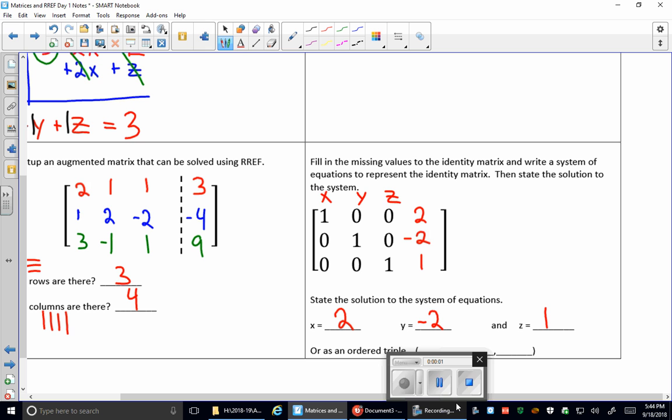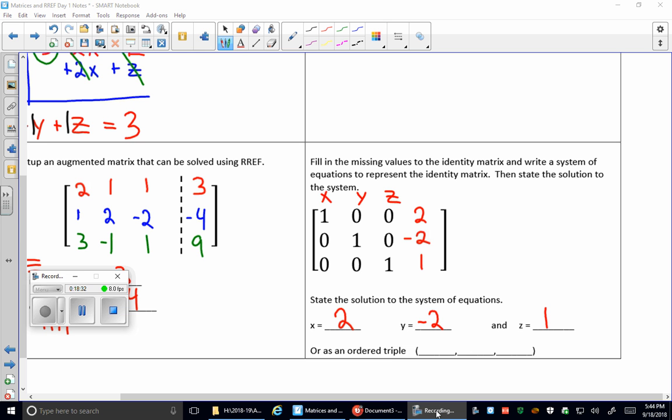Keep in mind, how else can I write this? I can put here x, y, z. But let's say that you still had a little trouble seeing that. So this top row would be 1x plus 0y plus 0z equals 2.